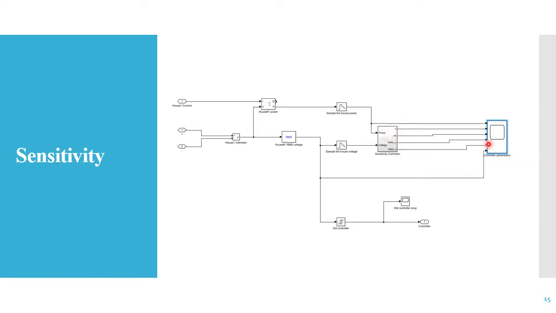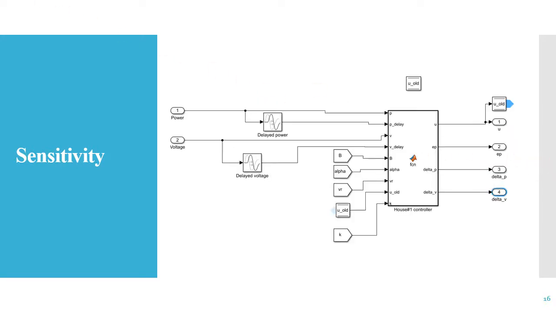And if we go inside this controller, you can see we are taking the power measurement and a delayed measurement, so we can compute the difference between them, and we do the same for the voltage. And you can see beta, alpha, VR, and K. All of these parameters can be easily changed because we set them as variables, and we can change them across the whole controller and system in one place.